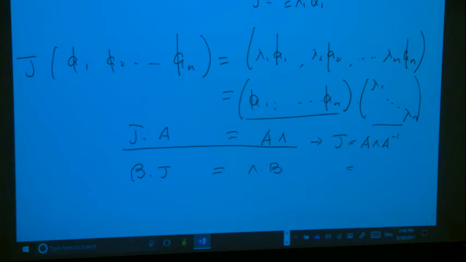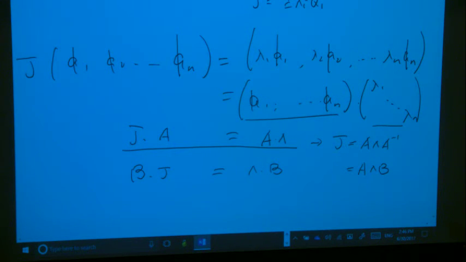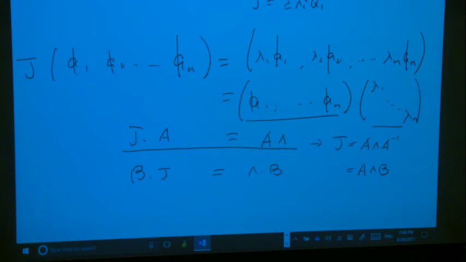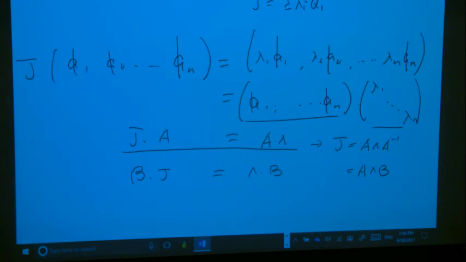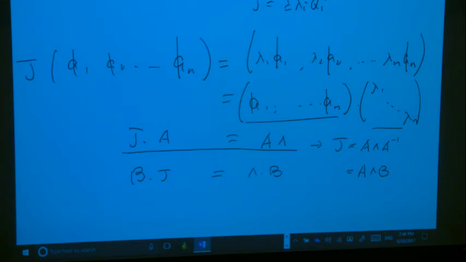A inverse you can also call B, because A and B are paired: one is called the left eigenvector, one is called the right eigenvector. This is the whole thing you need to worry about for this notation. So in CSP, they use A and B, but just keep in mind they are just eigenvectors which are conjugated to each other.